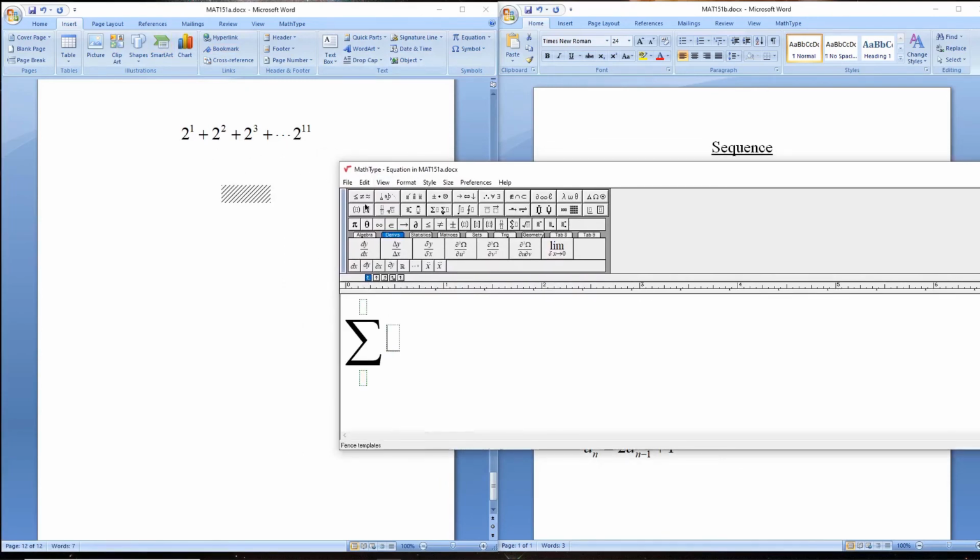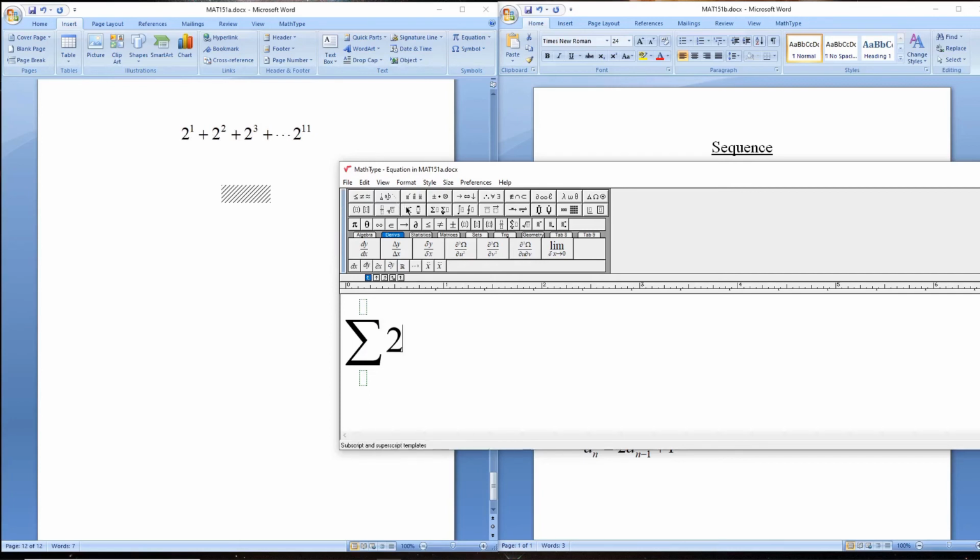So let's look at what we have here. You can see all the bases here are base 2. That doesn't change. So we know we have a base 2 here because the 2 is not changing. What is changing this time are the exponents. And again, they're going by integers here. So 1, 2, 3, and then 4, 5, 6, 7, 8, 9, 10, 11.